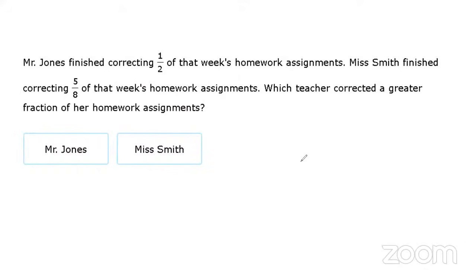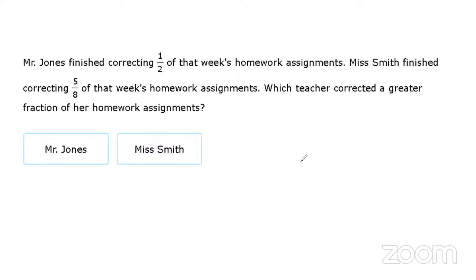Mr. Jones finished correcting half of the week's homework assignments, and Miss Smith finished correcting 5/8 of that week's homework assignments. Which teacher corrected a greater fraction of her homework assignments, Mr. Jones or Miss Smith?